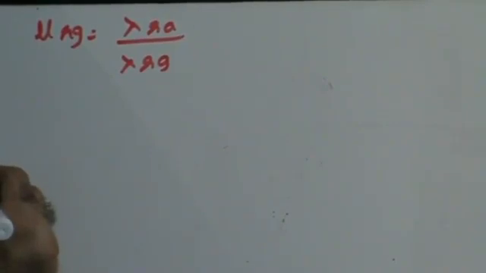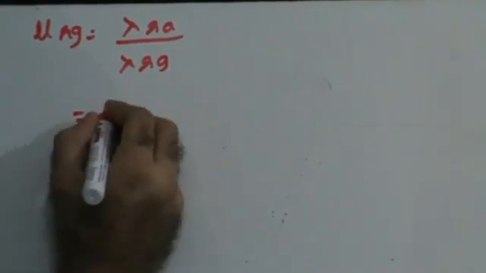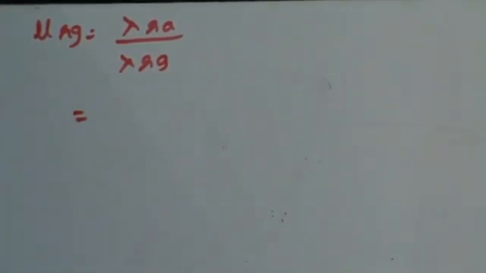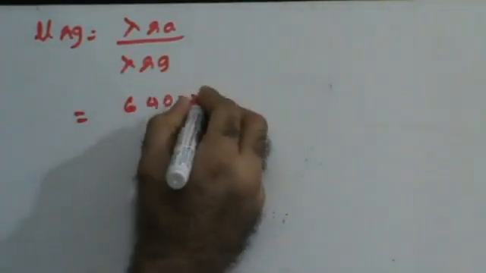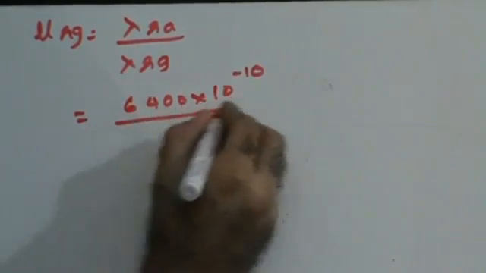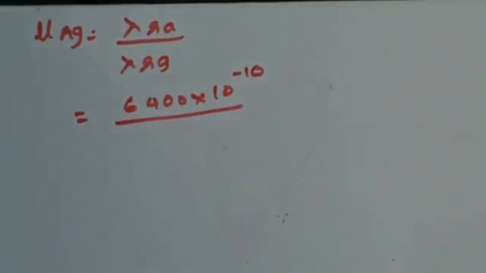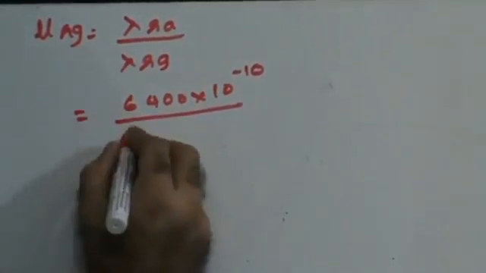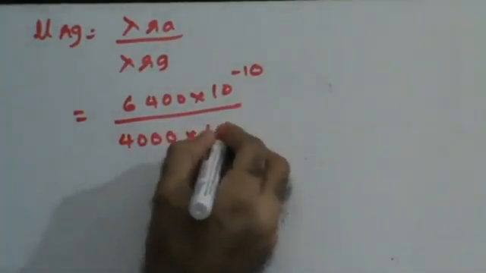The wavelength of red color in air is given as 6400 into 10 raised to minus 10, and the wavelength of red color in glass is given as 4000 into 10 raised to minus 10.